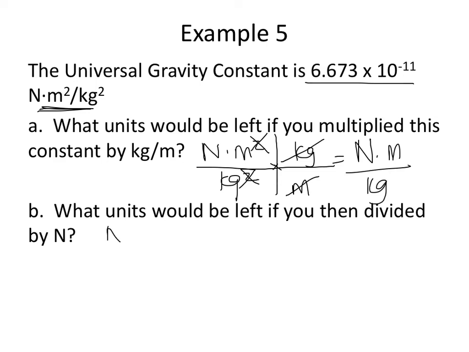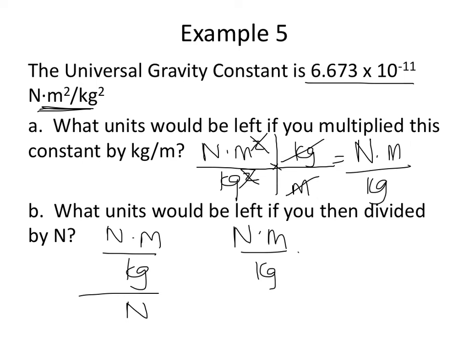Now, what if I took that and divided by newtons? Well, that would be the same thing as if I took Newton or 1 and flipped it and did that. So either way you want to do it, I would be left with meters per kilogram. That's just focusing on the units, and then you drag the numbers along with you.